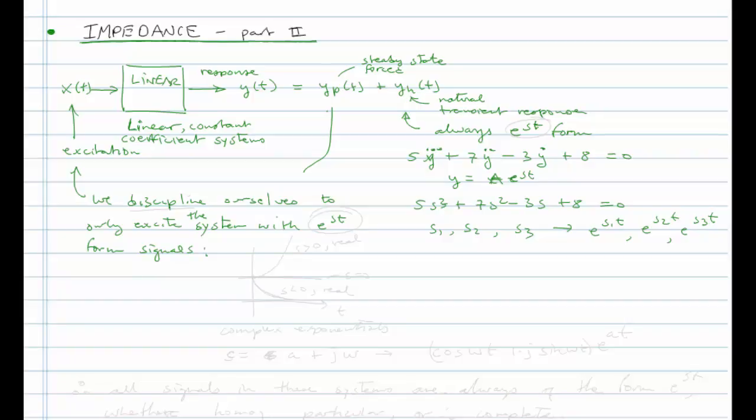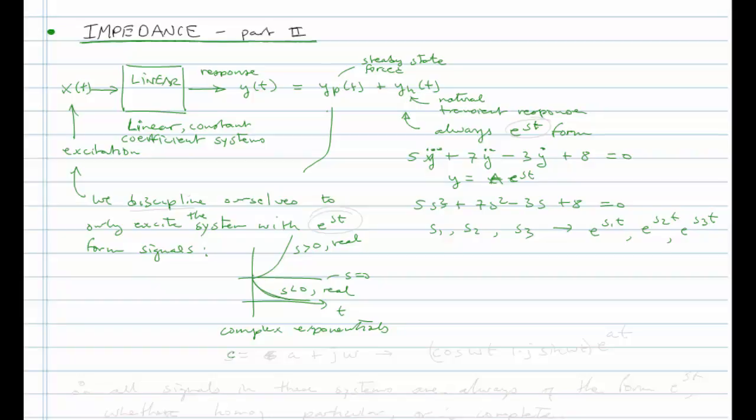Now we've seen before these would have several different forms. They'll be constant, which would be if s is equal to 0. It could be an exponential decay, that'd be s less than 0 in real. It could be exponentially rising in theory. And then we also can have complex exponentials, which have this real and complex form.